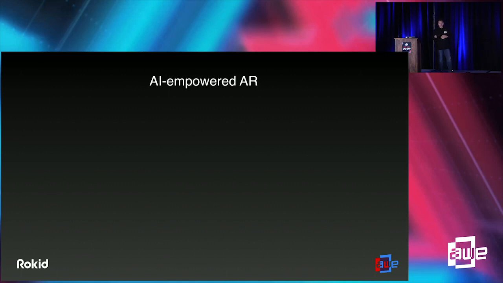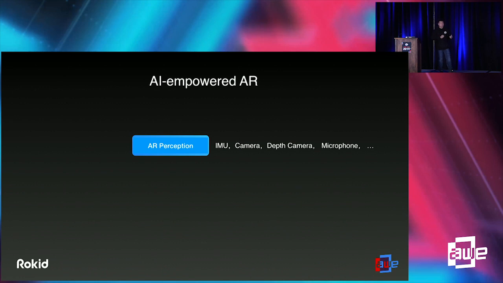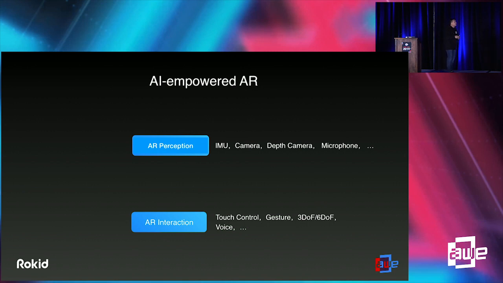AR glasses use various data from the glasses, for example IMU data, camera data, depth camera data, or microphone as input. AR glasses also offer various interactions, such as touchpad or touch panel, gesture, 6-DoF interaction, or voice as input.